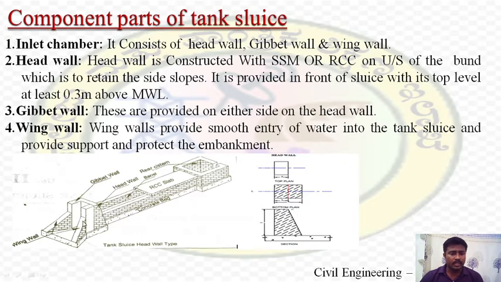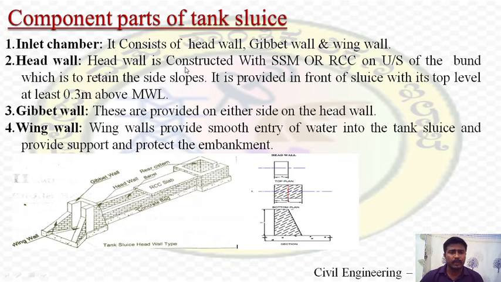It consists of a wing wall, this is the wing wall, then this is the gibbet wall, and this is the edge wall. Next, the definition of the edge wall.